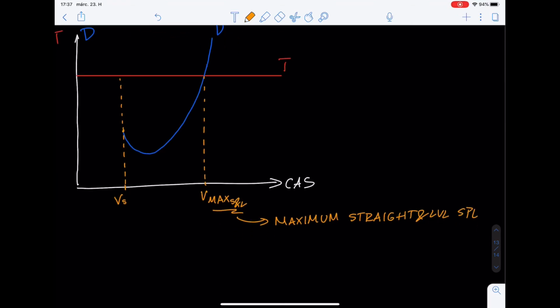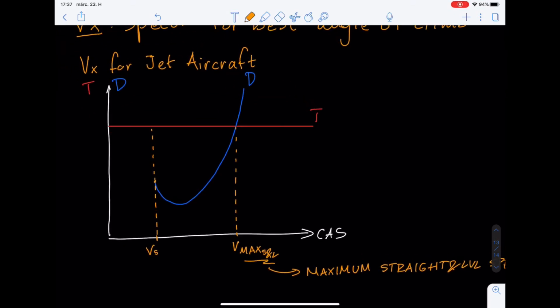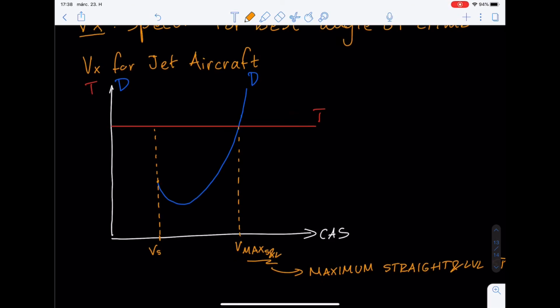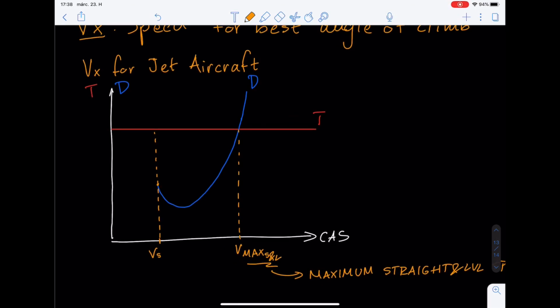It's called maximum straight and level because in straight and level conditions you need thrust equal to drag, so this is the maximum speed where that can occur. So you're looking at this shaded area between the two curves.